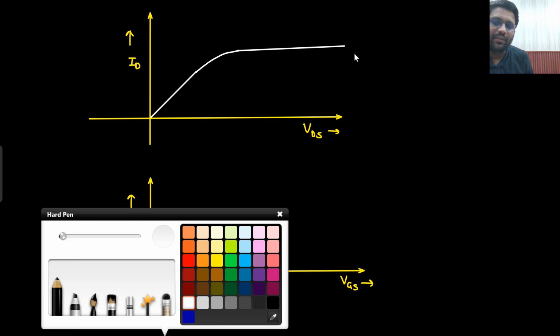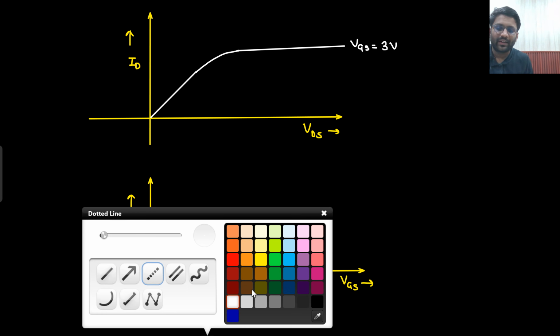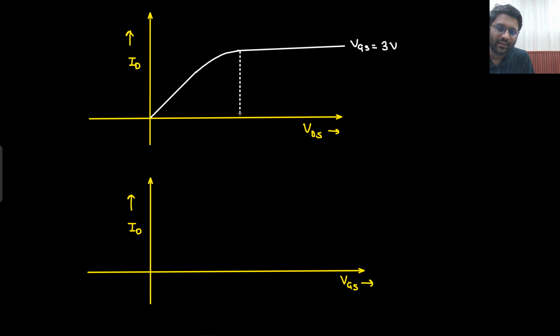So this is a particular VGS value I am having. Let's say this VGS is 3 volt, and let the VT value be 1 volt. So here saturation would be achieved at VGS minus VT, that means 2 volt. So saturation will be achieved at 2 volt.